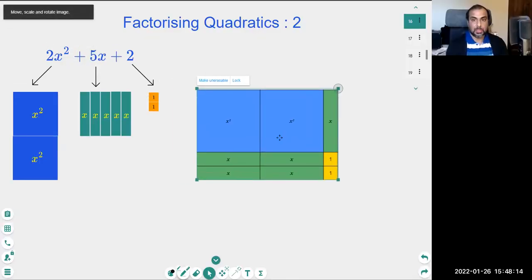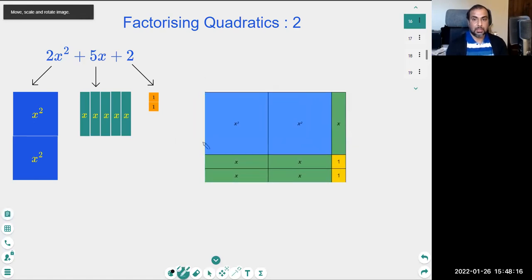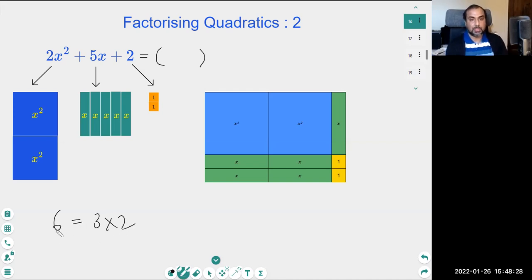So this also becomes a rectangle, and I should say this is analogous to 6 being 3 times 2. So a pure number like 6 can be factorized, in inverted commas, as 3 times 2. So numbers are also factorized, they have prime factors, in the same way as this quadratic can also be factorized by the area model.